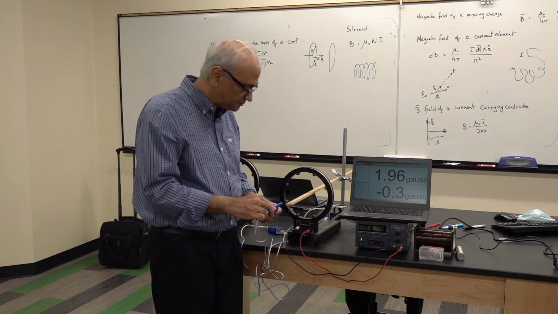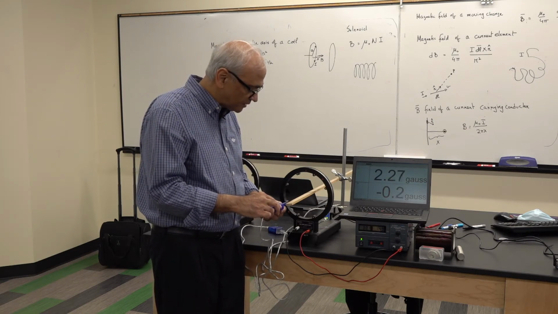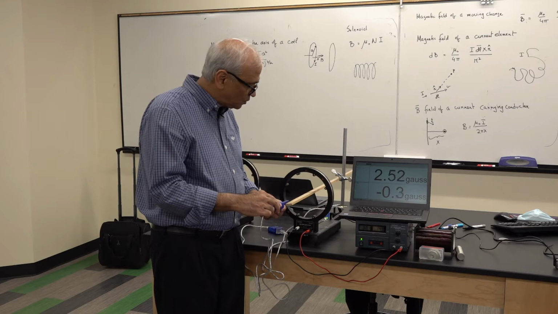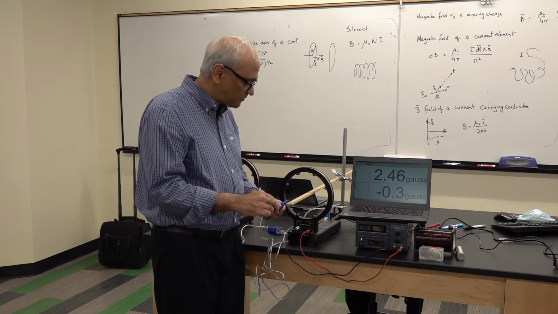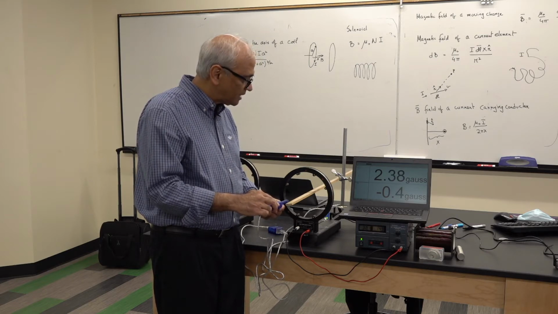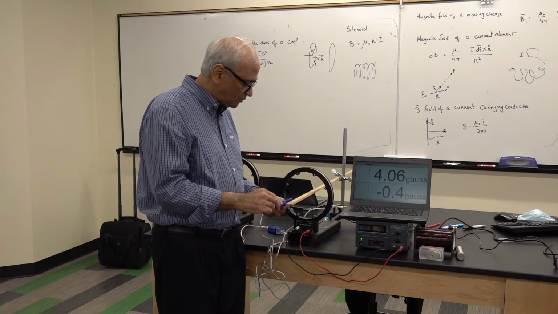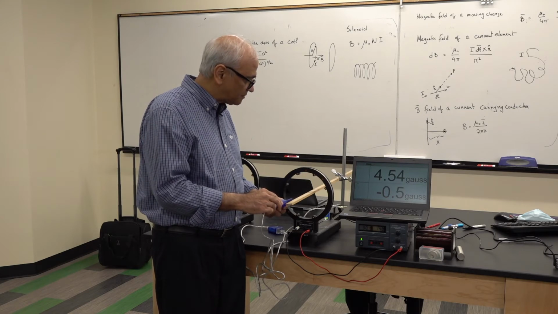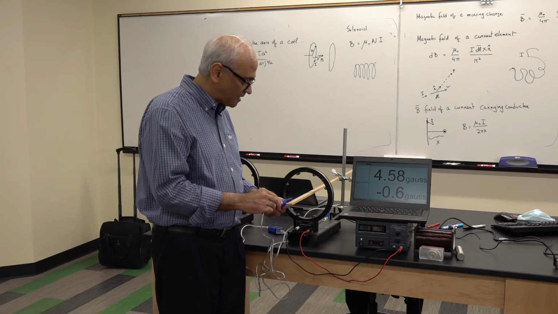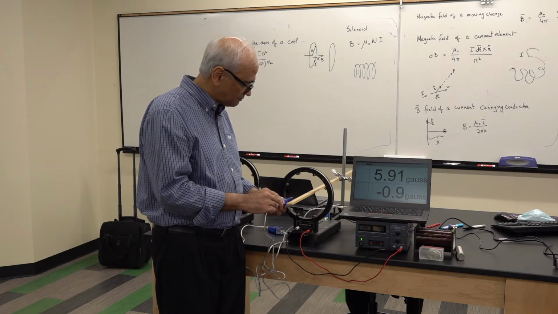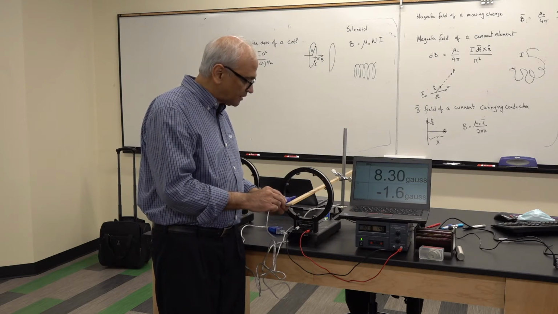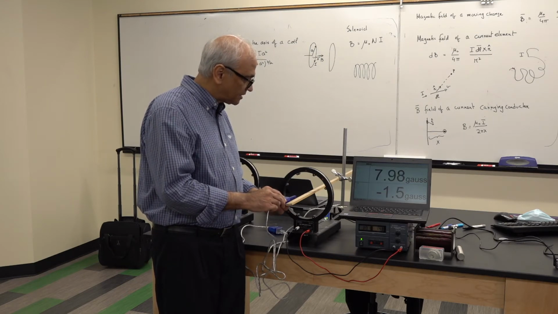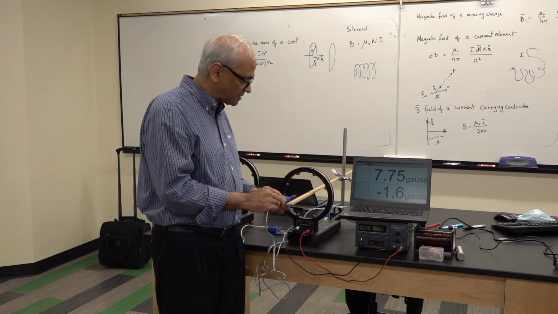At 25 centimeter, it's 2.45 Gauss. 20 centimeter is 4.6 Gauss. 15 centimeter, it's 8 Gauss, let's say.